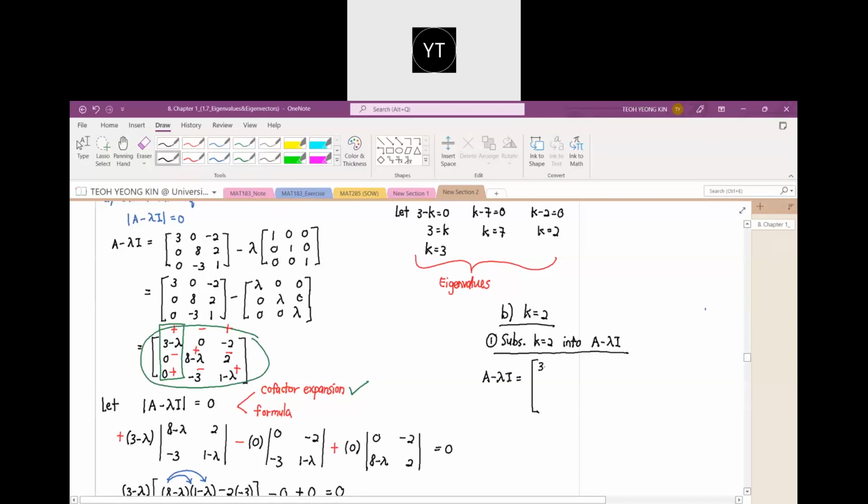So 3 minus 2, I put a bracket. 0, negative 2. Here is 0. 8 minus lambda, 8 minus 2, 2. And then 0, negative 3. 1 minus lambda, 1 minus 2.